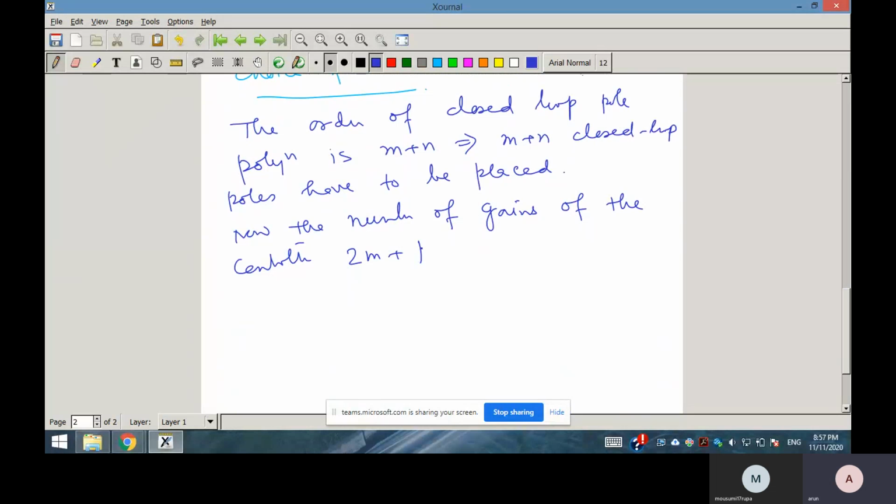So the number of free variables should be at least equal to the number of closed loop poles to be placed. So 2m plus 1 should be greater than or equal to m plus n. So this implies m should be greater than or equal to n minus 1.